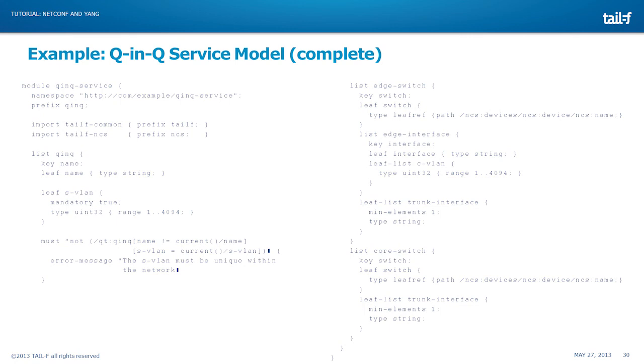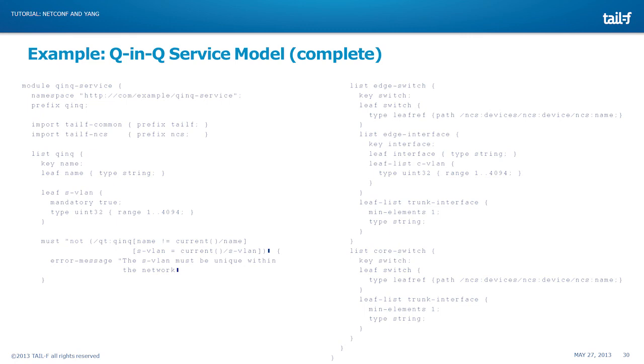We use the exact same Yang constructs. There's a Q-in-Q VLAN table modeled as a list. There's a name. We see a use of mandatory. We see a use of must in here because the VLAN must be unique within the network. So our list is keyed by name, but we have this uniqueness constraint on SVLAN, but it's not being tested necessarily just within this table.